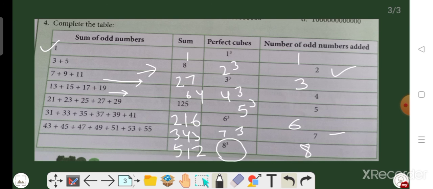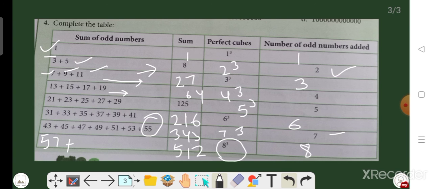Now look at the pattern beta. After 1 the odd number is 3, and after 3 the odd number is 5. After 5 the odd number is 7, and then 9 and 11. So we have to take the next odd number. So here we have 55 as the last odd number, so we have to start from 57. Then we have to add continuously 8 odd numbers which come after 55.